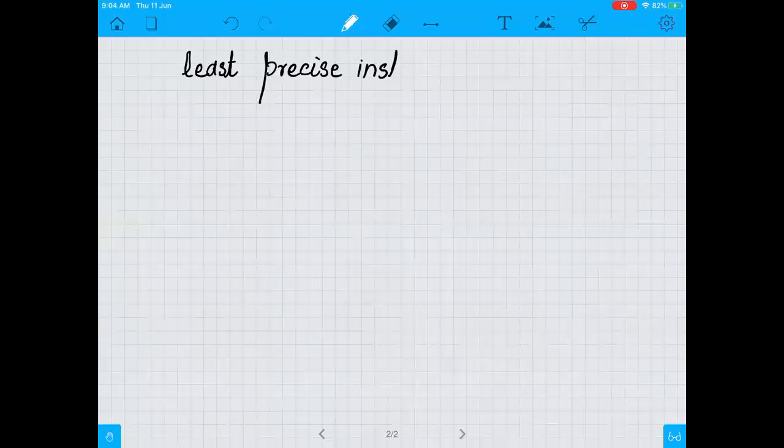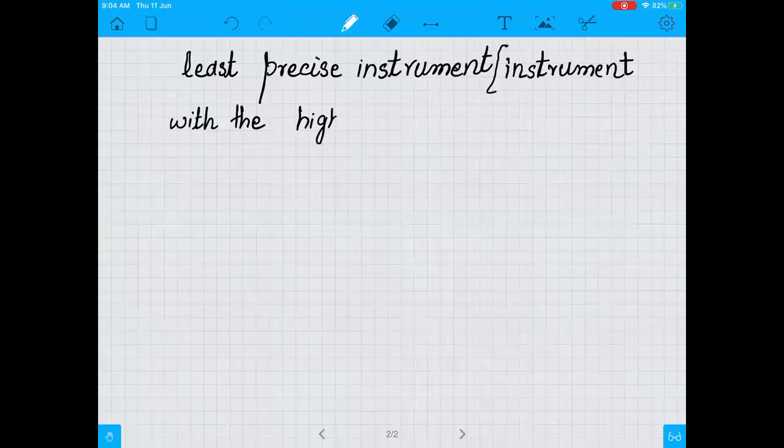What is meant by the least precise instrument? Basically, the least precise instrument is the instrument with the highest least count.